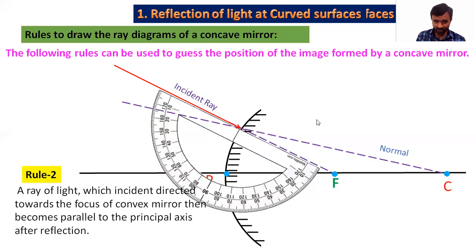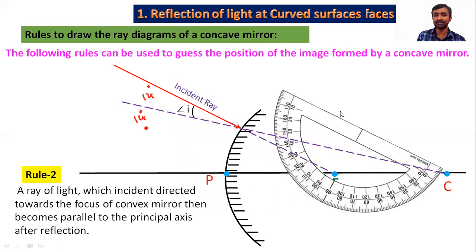So what is the angle of incidence? It is almost 14 degrees, right? What I observed here, 14 degrees I measured. Then what to do? I have to measure the same angle on the other side of the normal, 14 degrees, right? Then mark a point here at 28. Then remove your protractor.